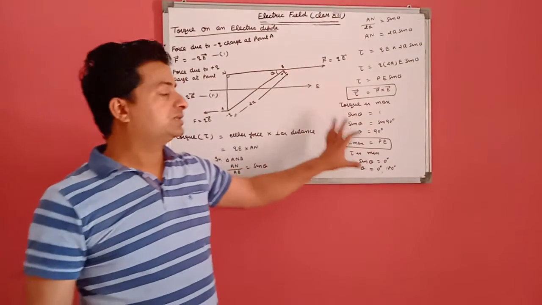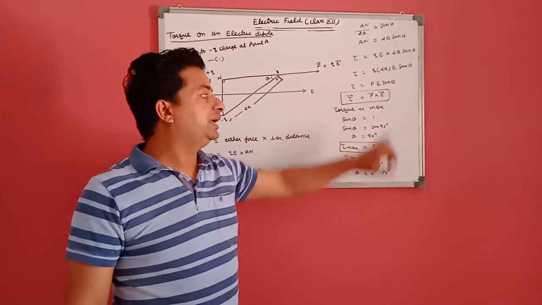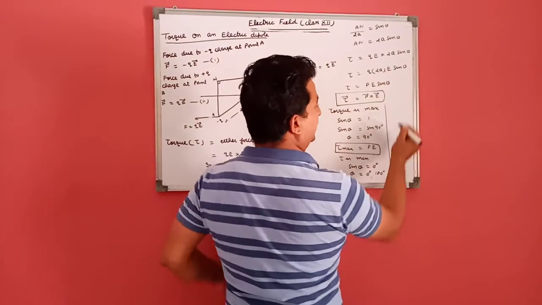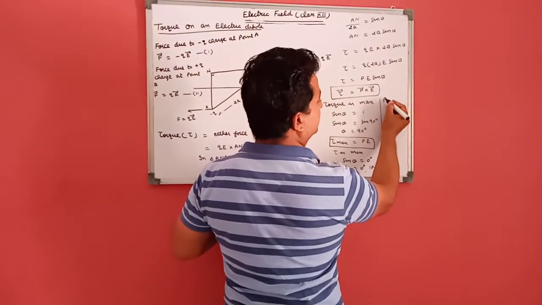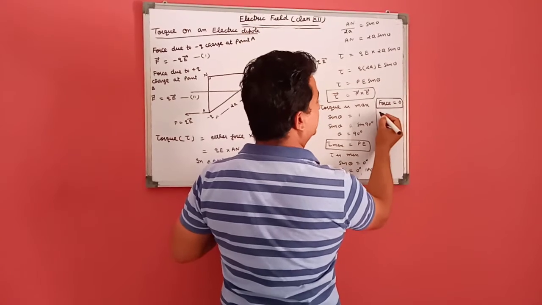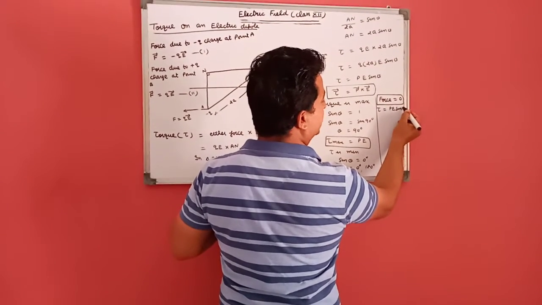This is the expression for torque on a dipole when placed in a uniform electric field. In a uniform electric field, the total force is equal to 0, and the torque is pE sin theta.